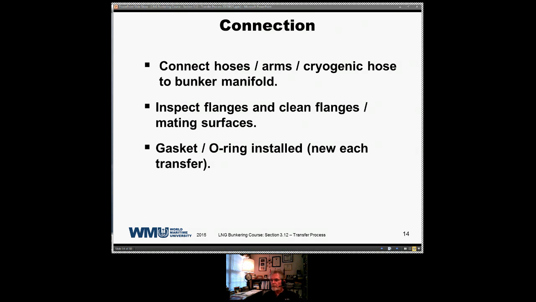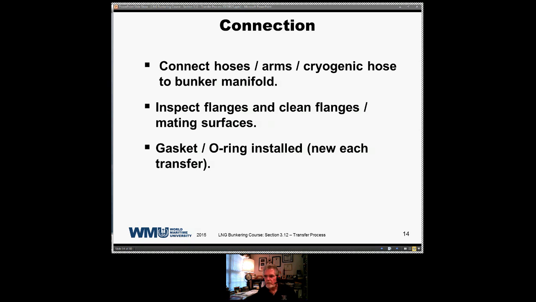In either case, these gaskets are always renewed each time a transfer is conducted. O-rings don't necessarily have to be renewed, but they do have to be inspected to make sure that the O-ring surfaces are intact. Oftentimes, my experience has been working in terminals.